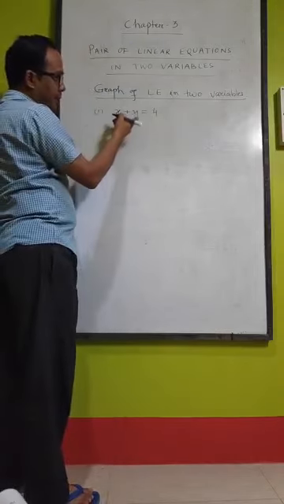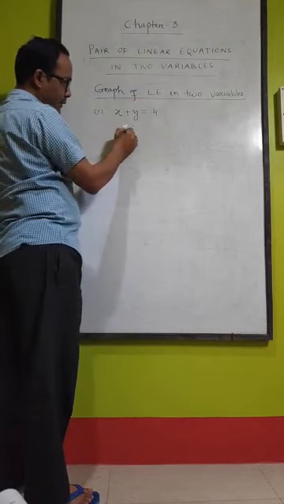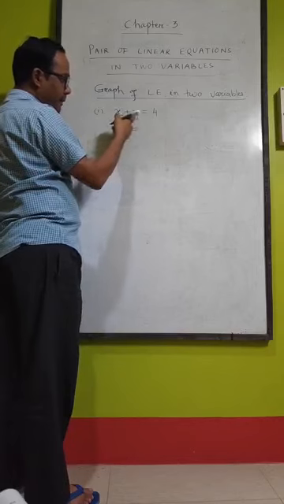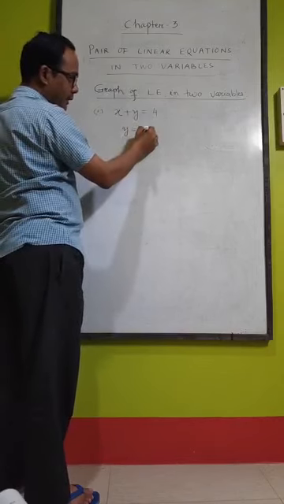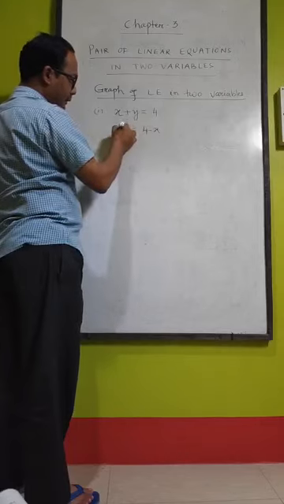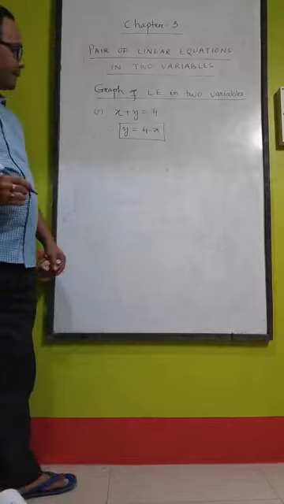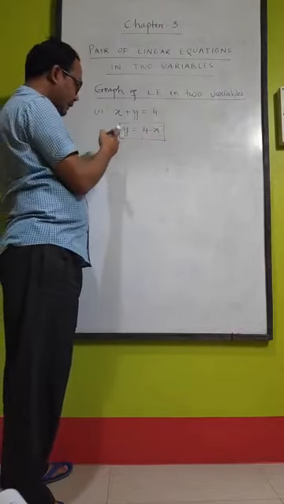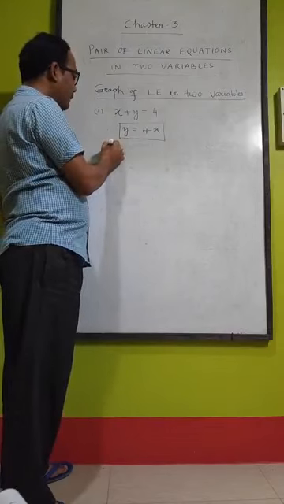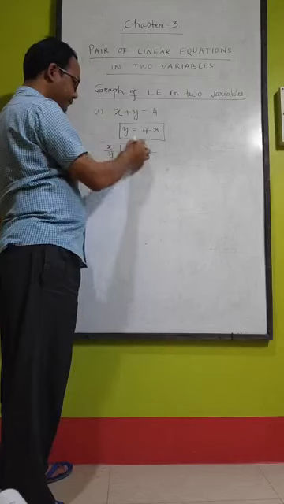How did we find the graph of this linear equation? In class 9th, we write one of the variables in terms of the other. So let us transpose x to the right side and we will get like this. After knowing such a relation of one variable in terms of the other, then we have to find the pair of values of x and y.